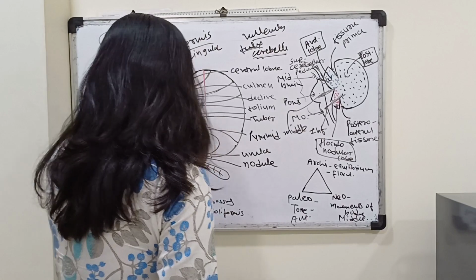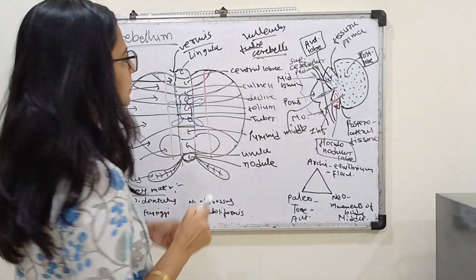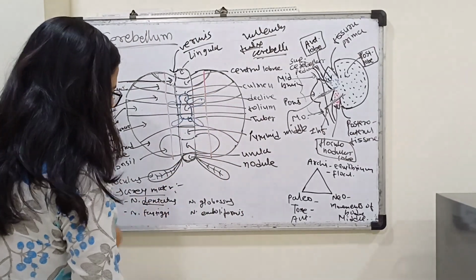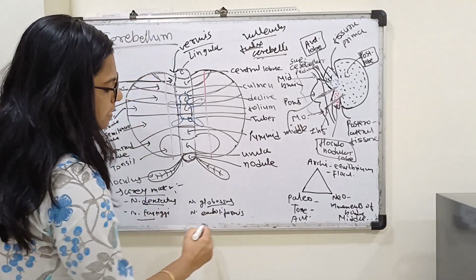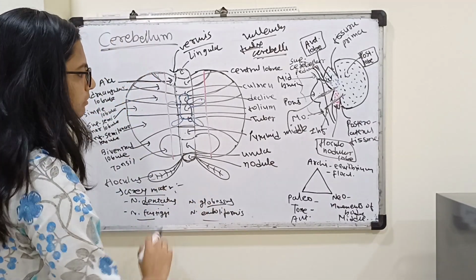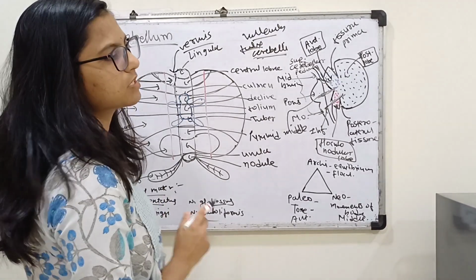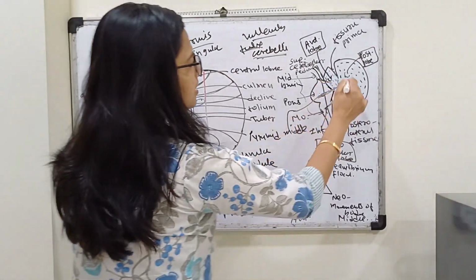Next, about the gray matter of the cerebellum. Here the nuclei are present: nucleus dentatus, nucleus fastigii, nucleus globosus and nucleus emboliformis, that you have to remember.